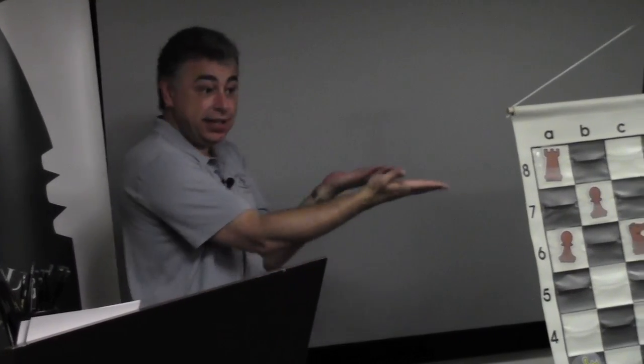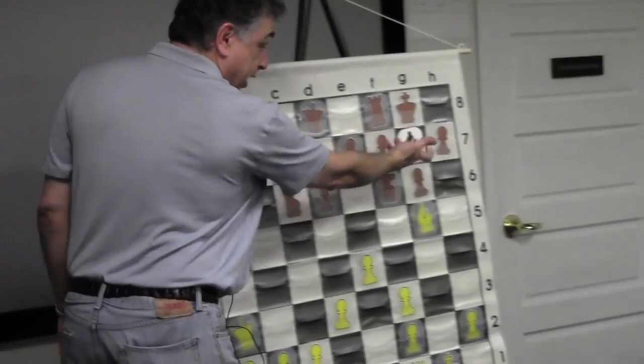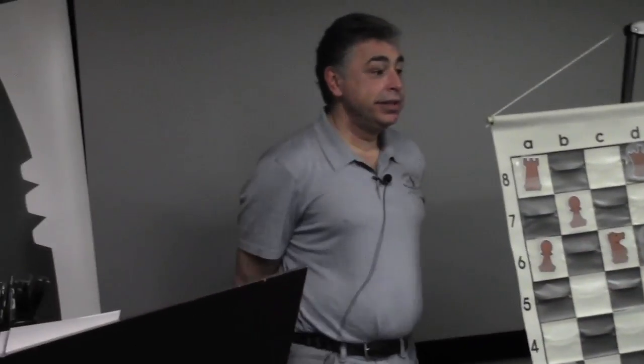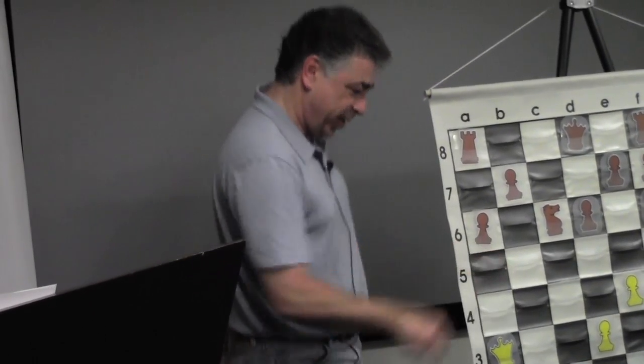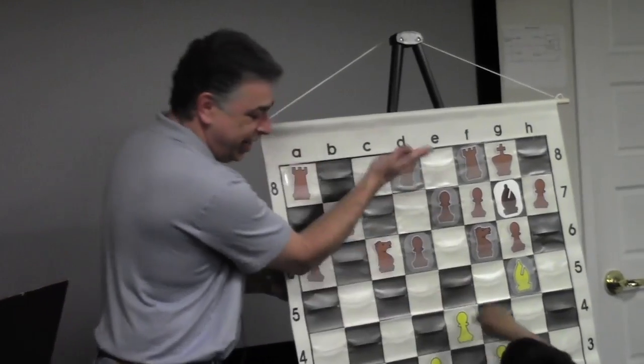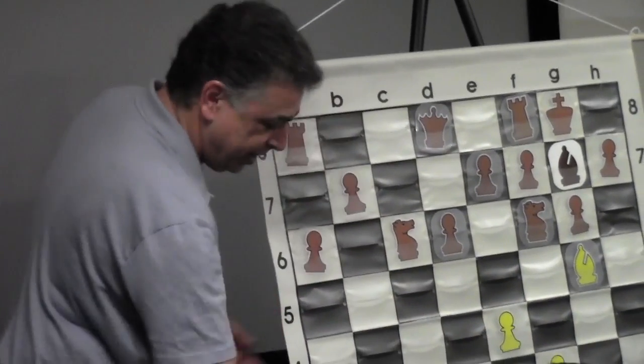Two. It doesn't. Well, what square does it attack? That one. Why? It's blocked by the knight. That one. But that's my square. It's not your square. This is my space. This is your space.